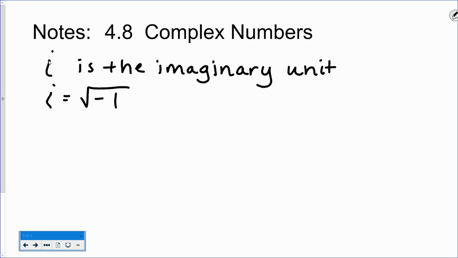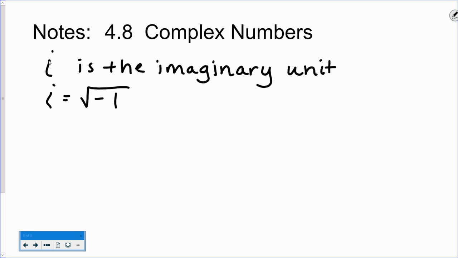Because if we take the square root of -1 on our calculator, it'll say error. There's nothing I can square and get -1, right? If I square any negative number, it becomes positive. So the square root of -1 does not exist.